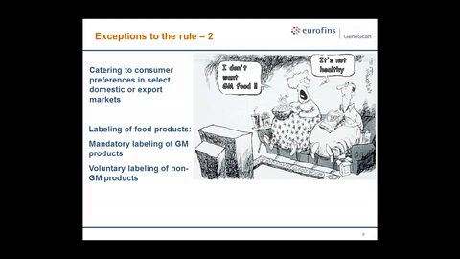And increasingly, there are voluntary non-GM labels that are not stipulated by law, but if a company is interested in producing food that meets the non-GM standard, they can just go through the process and do it themselves.